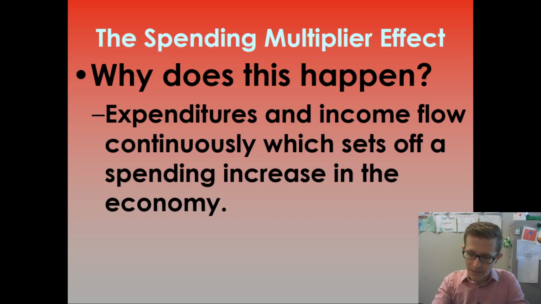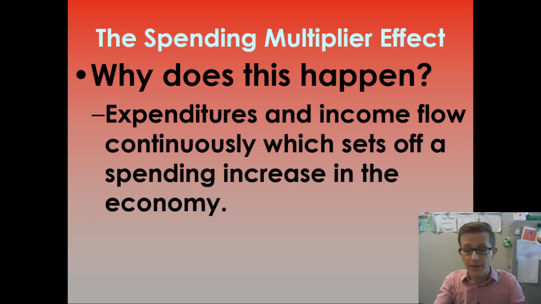Okay, so you already spent your 100,000. Now they're going to go spend 90,000, right? See what I'm getting at? And then the business gets that 90,000. They're going to take 10%, and they're going to save it, and spend the rest. So of that 90,000, they're going to save 9,000, and they're going to go and spend 81,000.